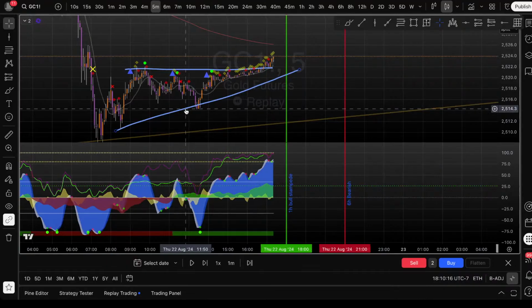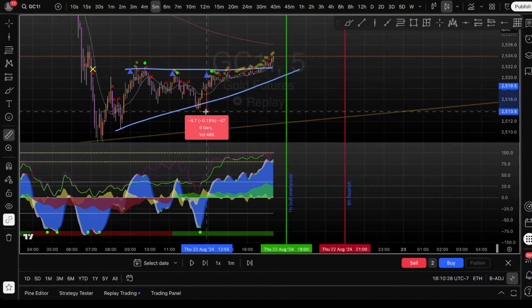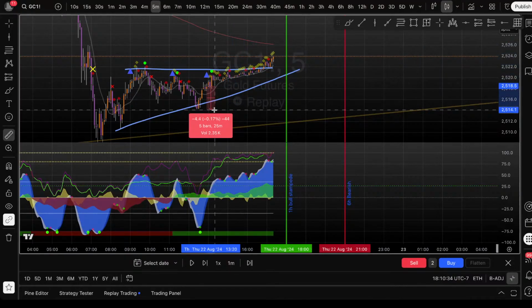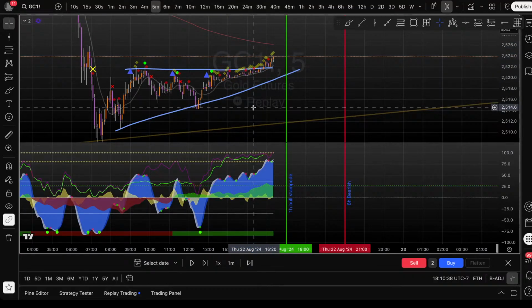Technically, if we were gonna be about this move, we would have got in like right here. This would have been a nice little get in, with a very, very conservative stop, and take profit up here. That'd be like a 1 to 2.